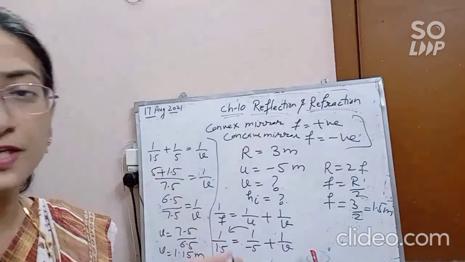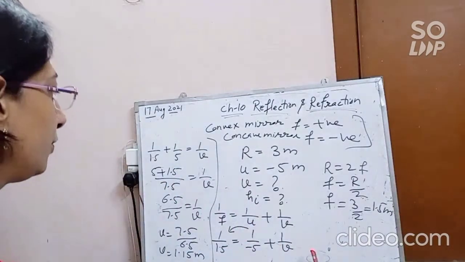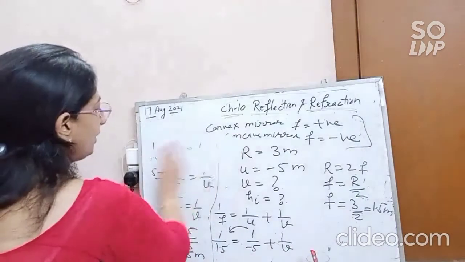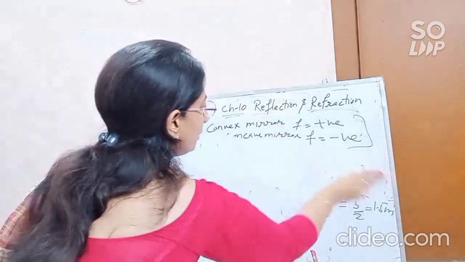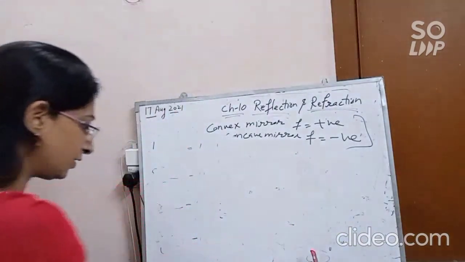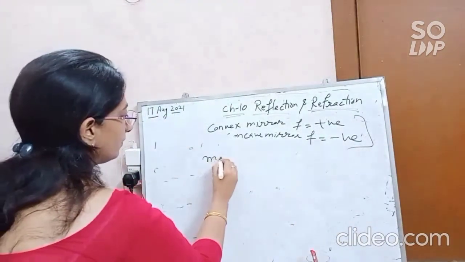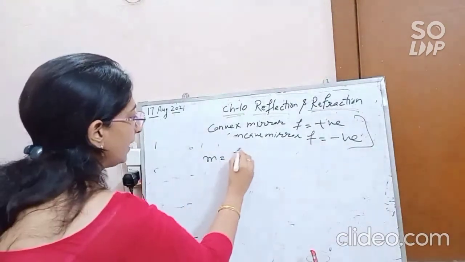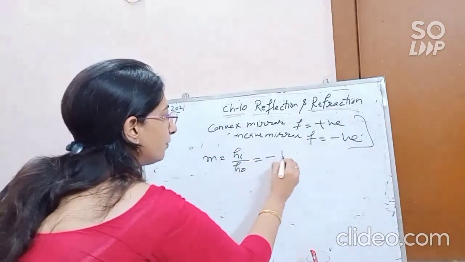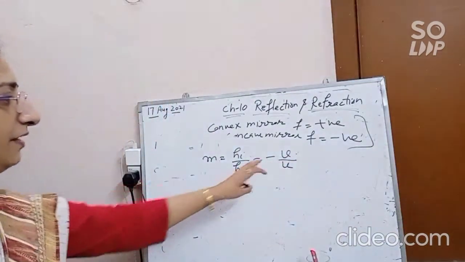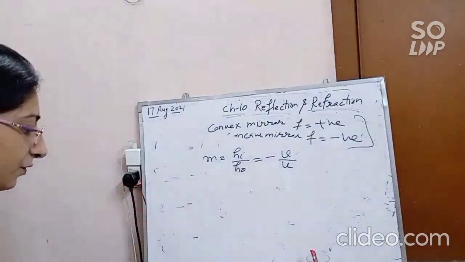And as we know, magnification m equal to hi upon ho, that is equal to minus v upon u. Already we have calculated v and u. Can we put the values?